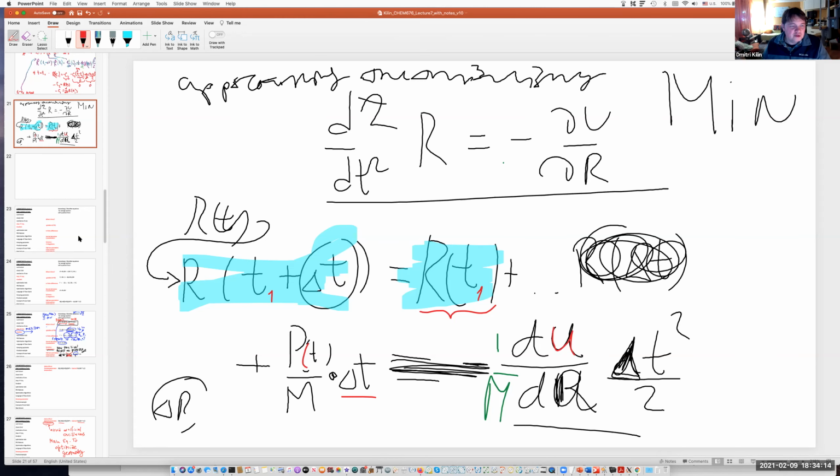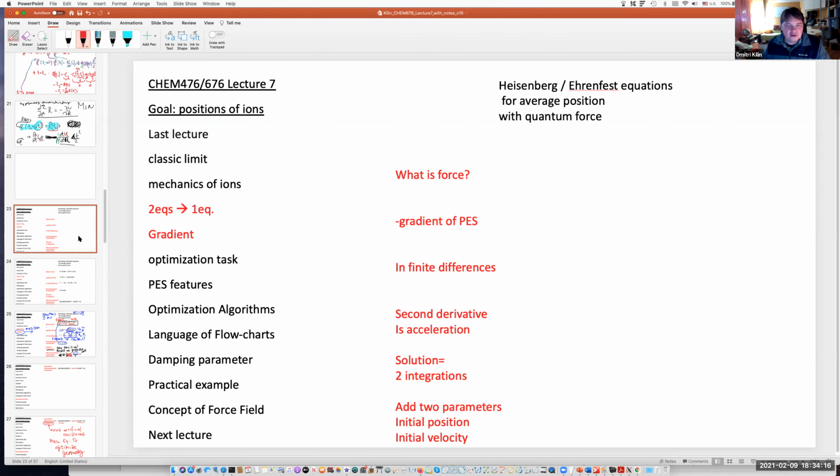So my goal will be to chop this equation onto a more algorithmic sequence of operations: to define forces as gradient, to formulate these forces in finite differences, meaning in terms of the increment of time. Second derivative, the result of the second integration, what we just did.